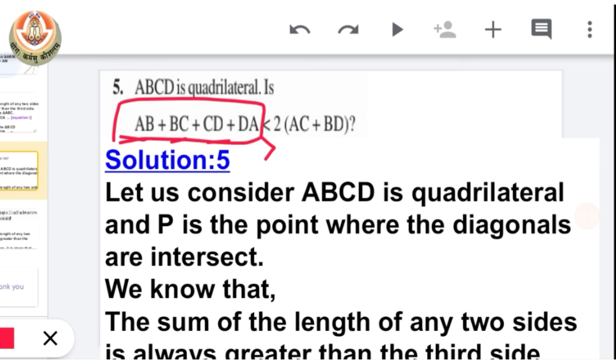But in this question we have a smaller than sign. Okay, you can see here. And another thing which is different is, here we have twice the addition of the diagonals. Okay, so that means this question is quite different from the previous one.